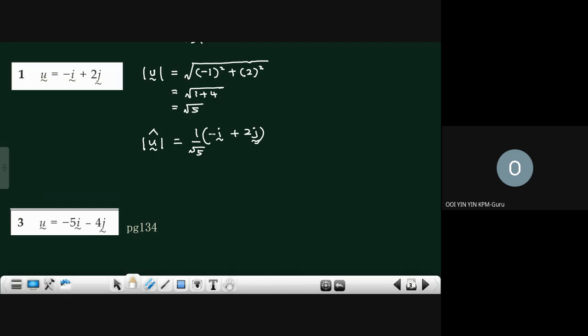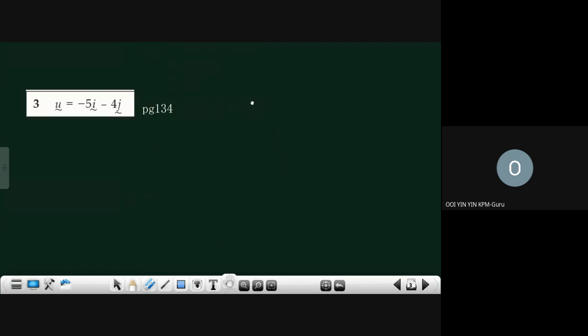Actually, this one should be in the center. The arrangement is not nice, move it up a little bit here. Yeah, at the center. Okay, that means your negative I and 2j must be at your center here. Okay, so this is your unit vector.